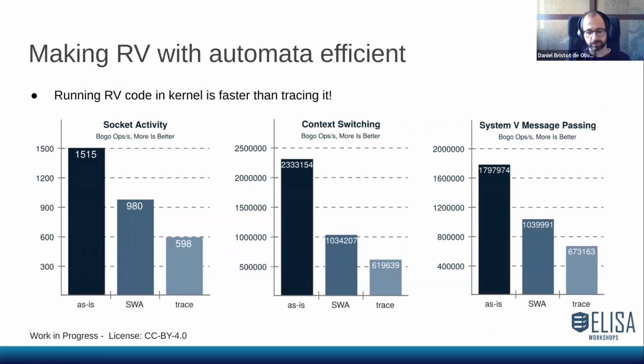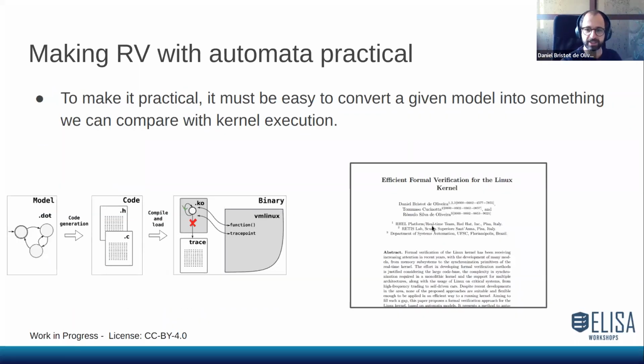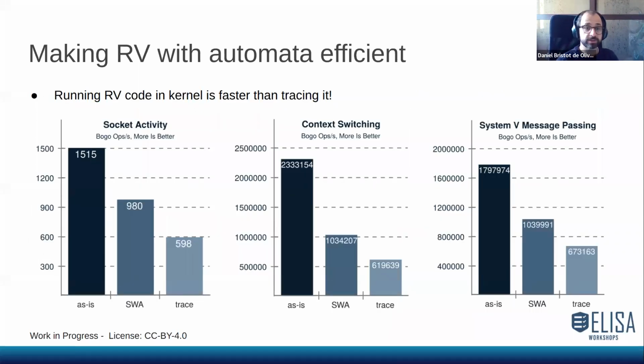One good thing about the approach presented in this paper is that it showed that if I just run the automata inside the kernel, like this SWA, which is one model, yes, the system runs slower than the system not monitoring it, right?